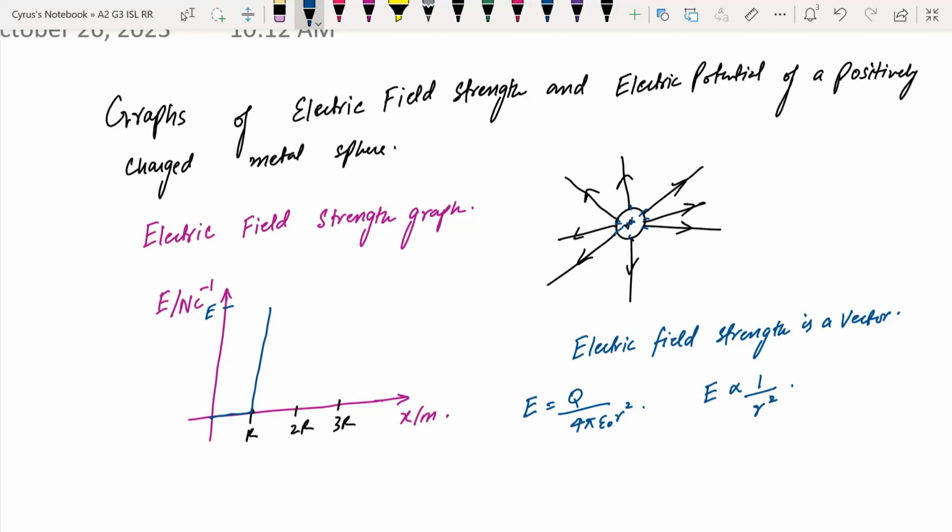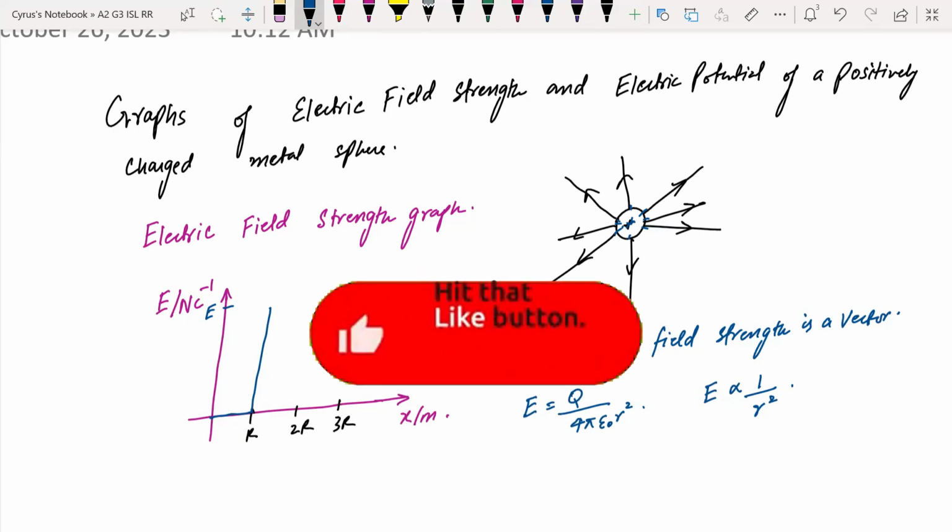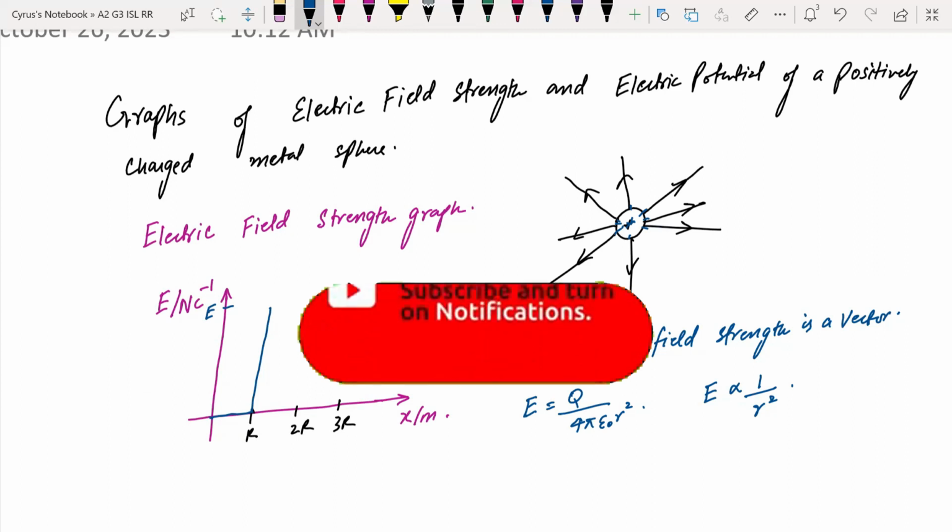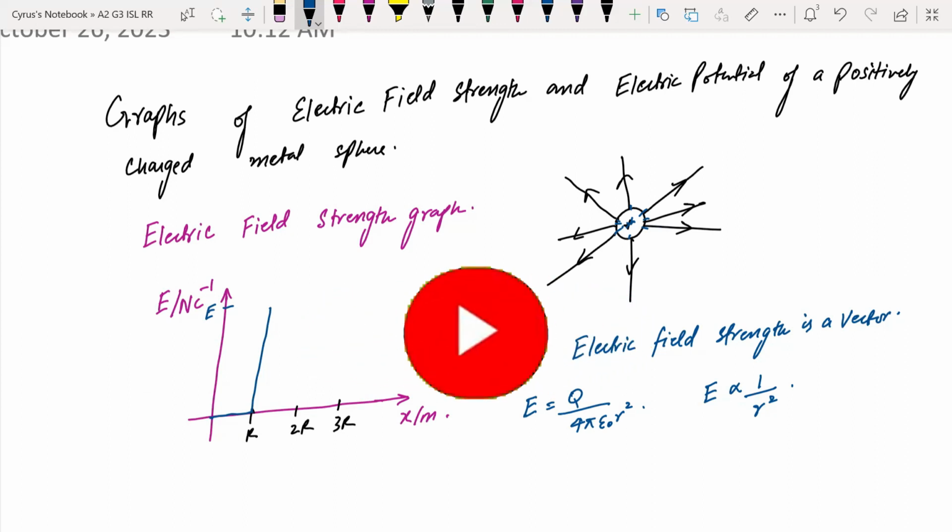So at 2R, can you tell me what is the value of E? In terms of E, what is the electric field strength? Value kya hogi? That is what they ask in the exam. They want you to draw this graph and they give 3 marks for this. And they want you to plot exactly what they need, right? Then you need to know the electric field strength at 2R, at 3R, and so on.